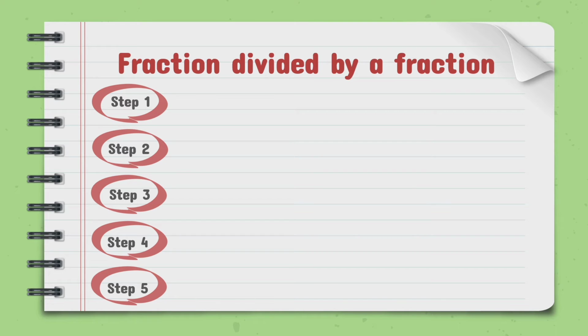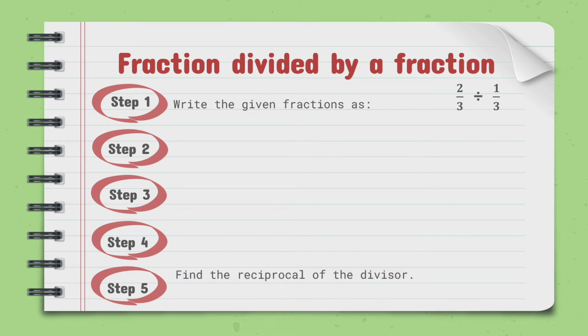So now we have an example, fraction divided by a fraction. Step 1, write the given fractions as 2 over 3 divided by 1 over 3. So these are our given fractions.